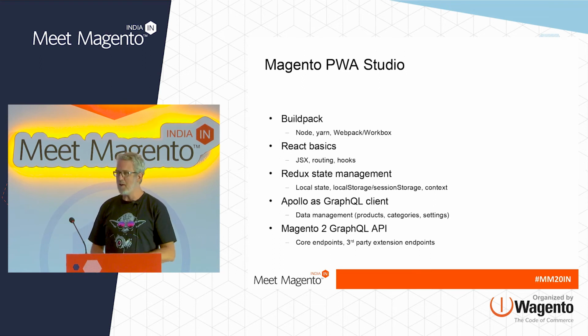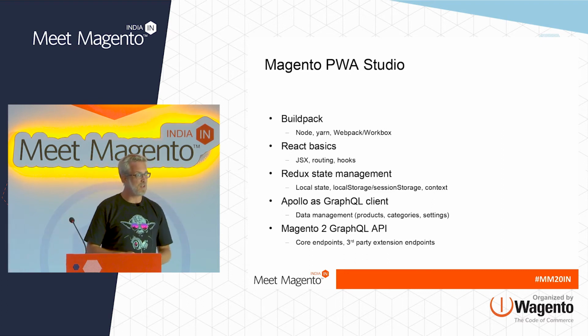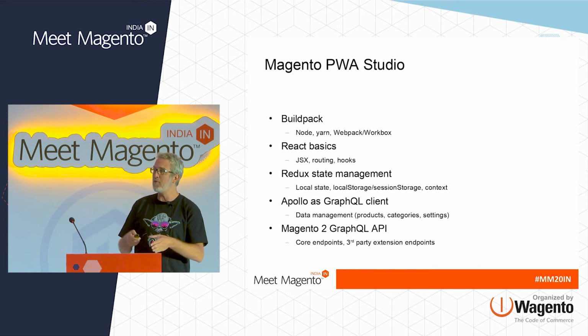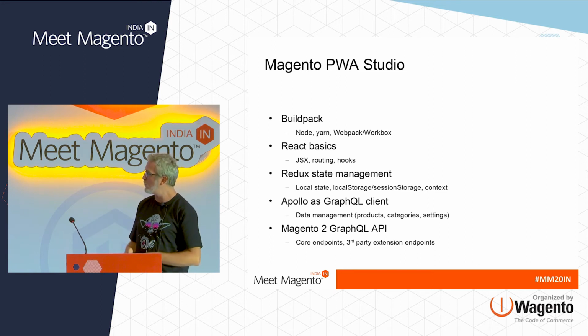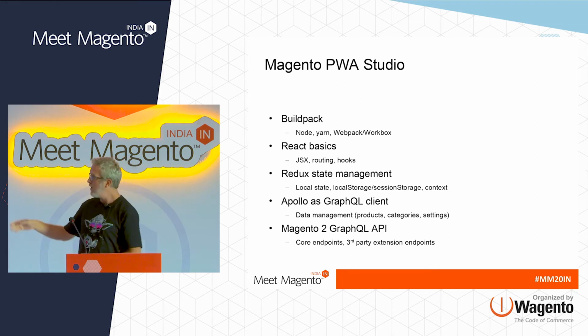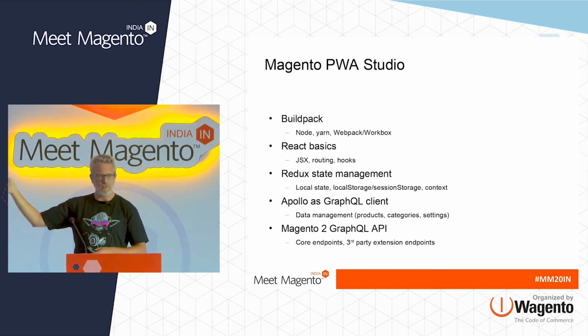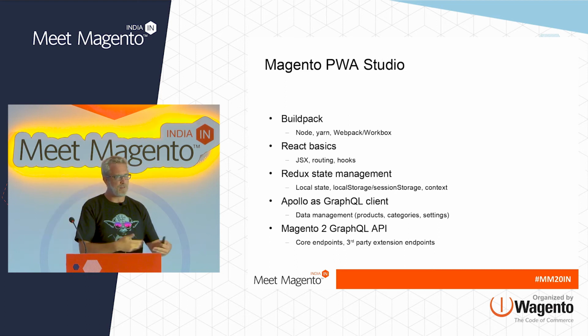So I'm now already 20 minutes into my talk, and now I'm suddenly first mentioning PWA Studio on purpose because it's just one of the choices, one of the things that you could choose for. And then the stack that you get with PWA Studio is Buildpack, a development environment, which is not that far apart from the typical React development environment that you would get while following online tutorials.